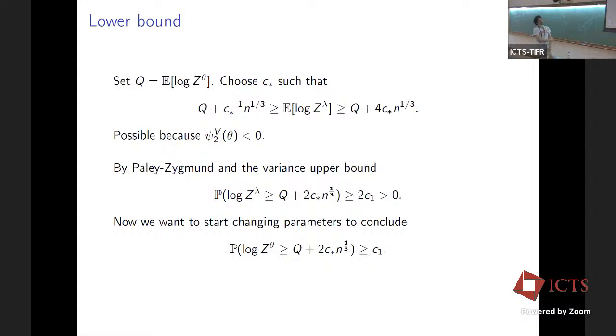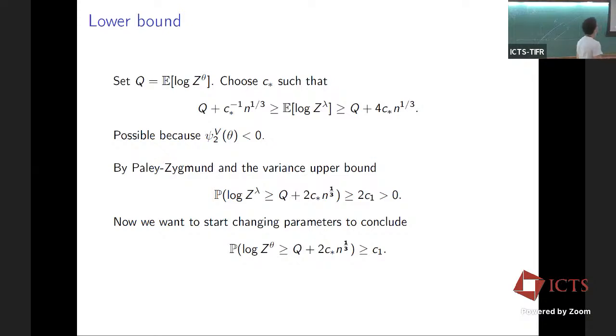So let's just set Q to be equal to this expectation, and then choose the parameter C star such that when we change the parameter theta to lambda equal to theta plus n to the minus 1/3, we move the expectation by n to the 1/3. The reason we can do this is because of curvature.